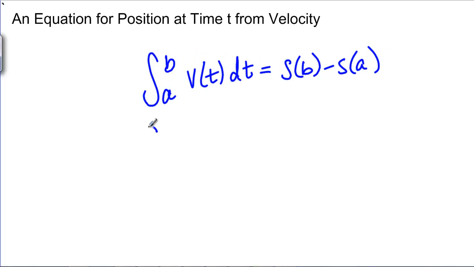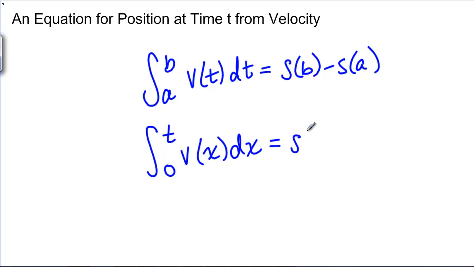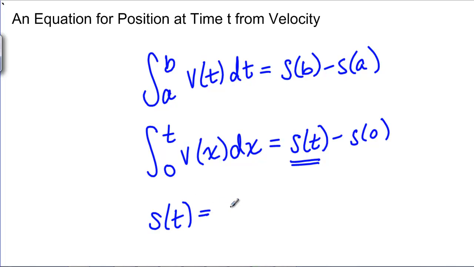In particular, the integral from 0 to t of the velocity function, in terms of some other variable, let's call it x, is the position at t minus the position at 0. Since the position at t is what we're interested in, we can solve for it: the position at t is equal to the initial position plus the integral from 0 to t of the velocity function.